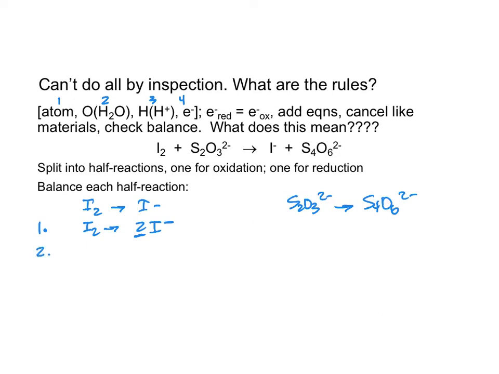The second step says balance the oxygens. We have no oxygen. The third step says balance the hydrogens. We have no hydrogen. And so essentially it takes us to step 4, which says balance the number of electrons.